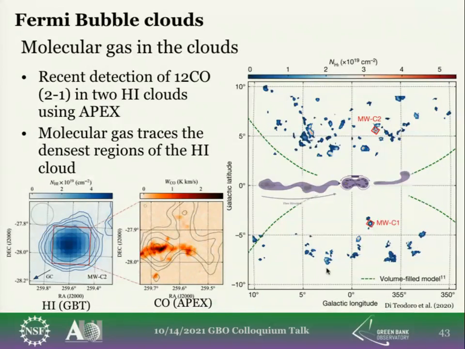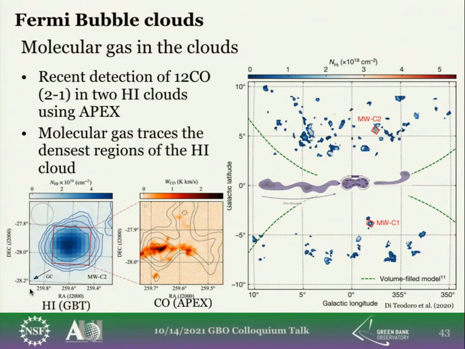So what did they see? In the figure shown over here, you can see the HI as traced by the GBT. You see a very dense region in there. And when you zoom in, where the contours are tracing, again, HI, but using ASKAP, so higher angular resolution, you can see that the CO, which is the color scale, really generally falls where you're detecting some of the densest HI towards these clouds.